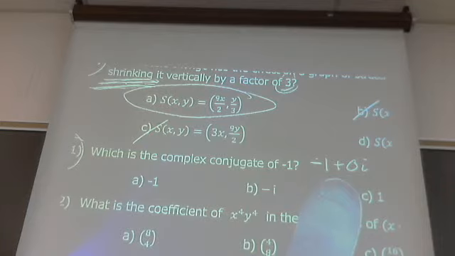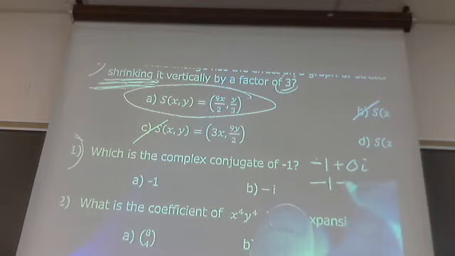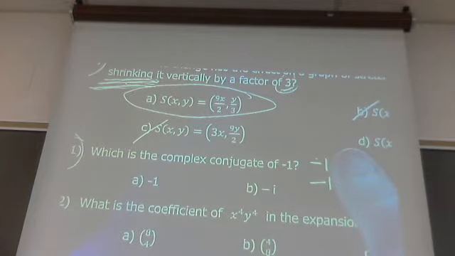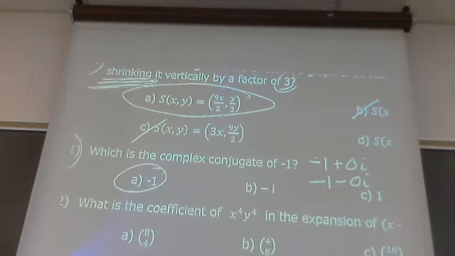So what's the conjugate of -1 plus 0i? -1 minus 0i. But because it's 0i, any real number is its own conjugate. Pretty cool, huh? Awesome question. I love that one.